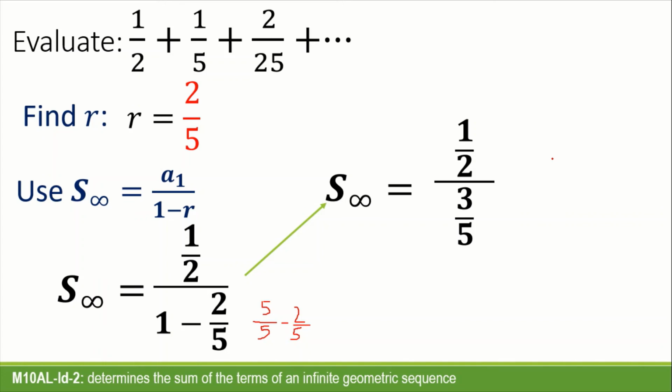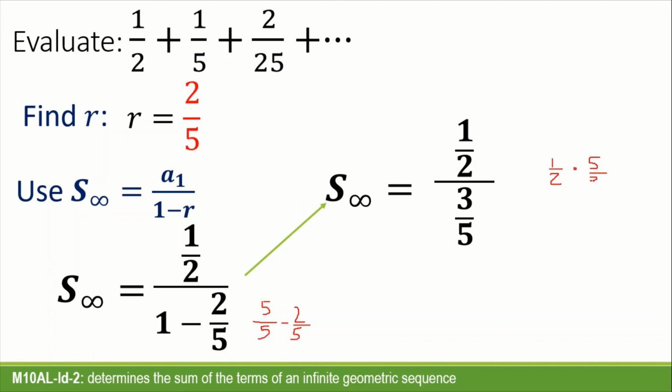Again, let us apply the division of fractions. So, we have 1/2 times the reciprocal of the second fraction. So, we take the reciprocal of 3/5, and that is 5/3. Then, proceed to multiplication.